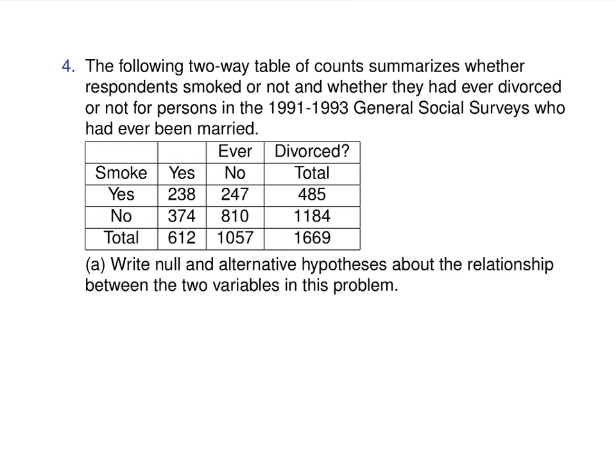Okay, so let's do an actual chi-squared test. The following two-way table of counts summarizes whether respondents smoked or not and whether they divorced, so same example as before. And I'd like you to write null and alternative hypotheses about the relationship between the two variables. So the null hypothesis is always one of no relationship. In this case, our variables we care about are smoking and divorce rate.